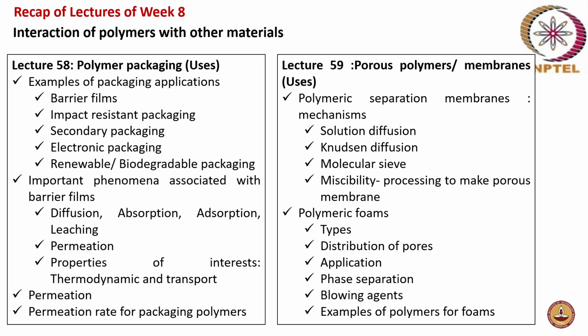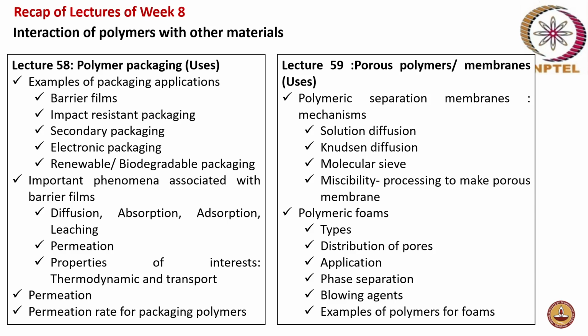So, polymeric separation membrane mechanisms. What are the different mechanisms by which small molecules diffuse through polymeric membranes? Solution diffusion mechanism, Knudsen diffusion, molecular sieve. The polymeric membranes can also act as a molecular sieve. In mechanical sieving, as you could have seen even at home, it sieves off larger particles and only smaller particles pass through.